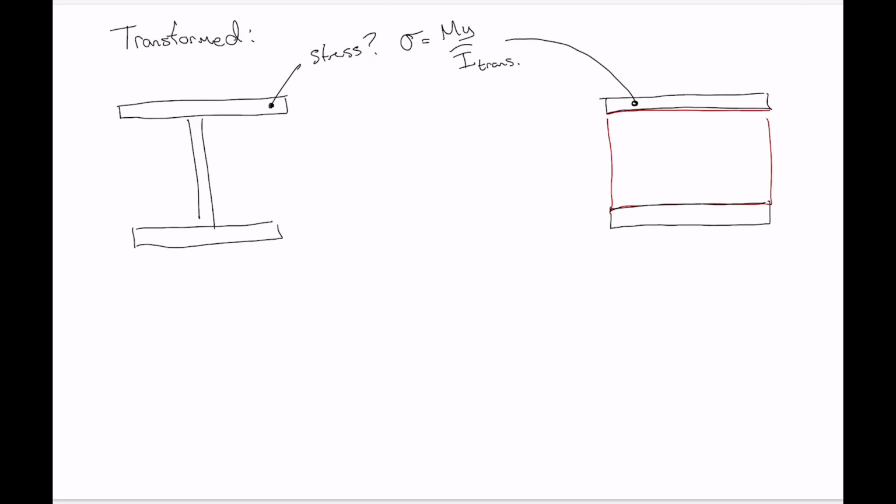When we want the stresses in the material that was transformed, so let's say we want the stress somewhere in the filler material, we look at the equivalent location in our transformed beam and calculate the stress there using sigma equals My over I. But when we want to take that back to what the stress was in the filler, we need to multiply again by the ratio of the moduli of elasticity.